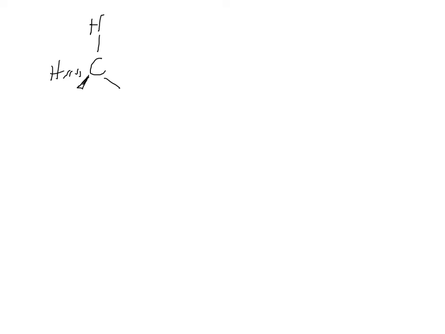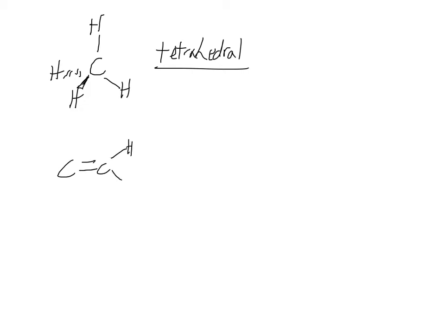So this geometry for this sp3 hybrid carbon is tetrahedral. That's the best way we can get electrons as far from each other as possible. But once you start throwing pi bonds in the mix, it's not as easy to get things away from each other. So let's take a look at this example, little ethylene.